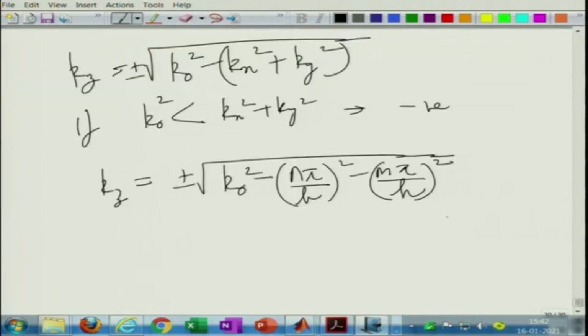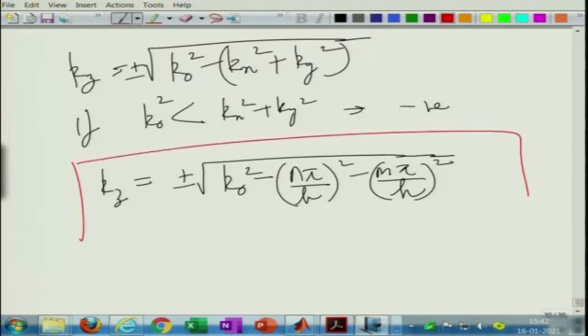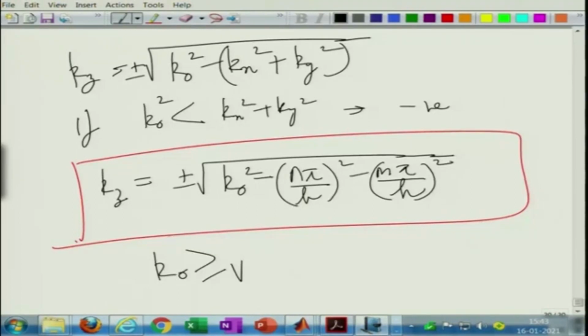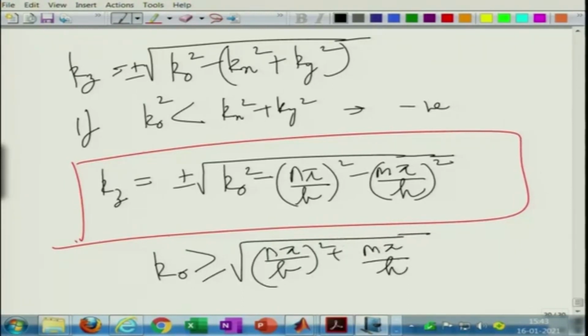Now we would get this kind of a solution if k naught is greater than or equal to root over n pi by b whole square plus m pi by h whole square, then that m n mode will propagate.